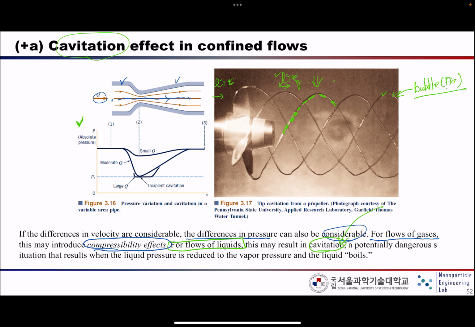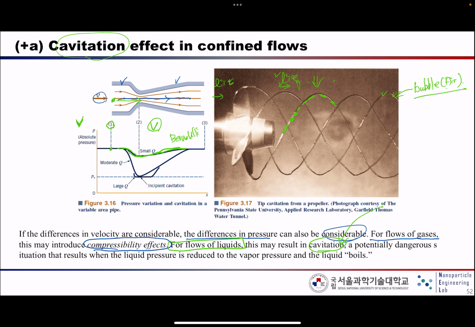So when you see this diagram, at first over here, the pressure is the absolute pressure. But if the flow passes through this narrow channel at a very slow flow rate, which means that V is very small, in that case we can successfully use the Bernoulli equation, because cavitation does not happen.